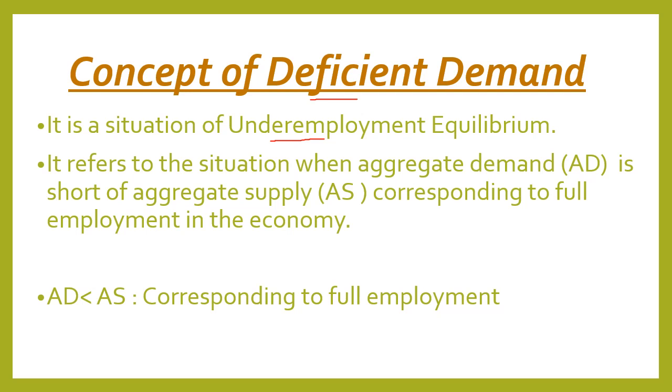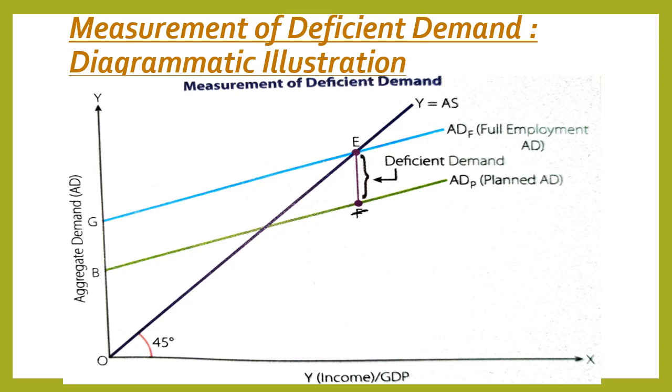It refers to a situation when aggregate demand is short of aggregate supply corresponding to full employment in the economy. Now AD is less than AS corresponding to full employment. See through the diagram. Aggregate demand is shown on the y-axis, income is shown on the x-axis. This ADF shows AD corresponding to full employment.